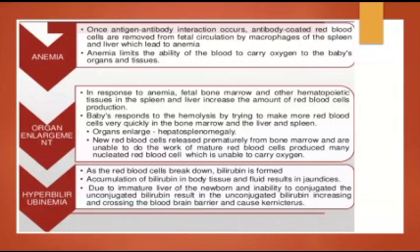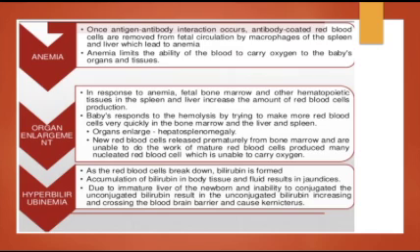So how does it happen? Once antigen-antibody interaction occurs, antibody-coated red blood cells are removed from the fetal circulation by macrophages of the spleen and liver, which leads to anemia. Anemia limits the ability of the blood to carry oxygen to the baby's organs and tissues.